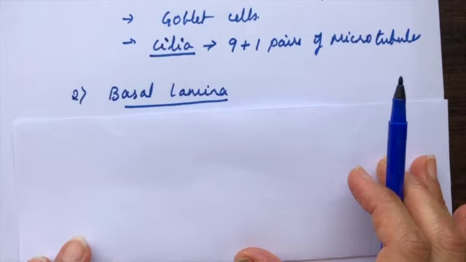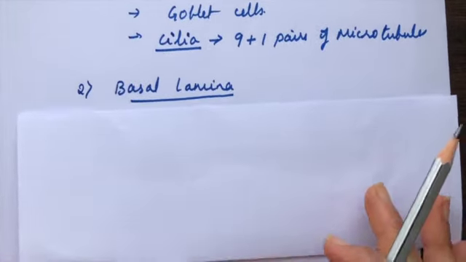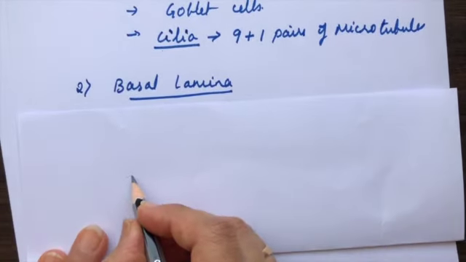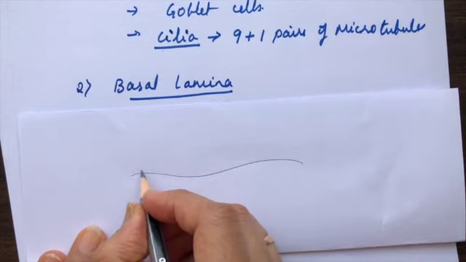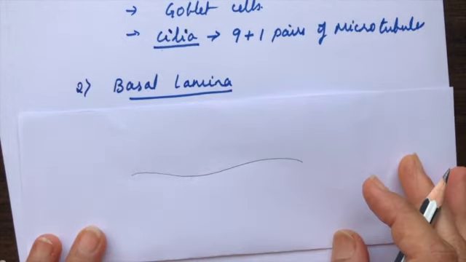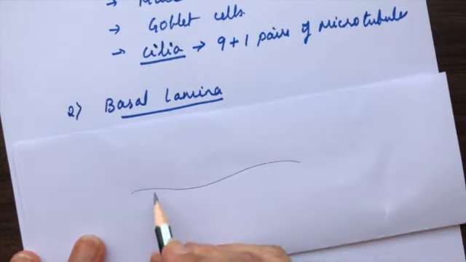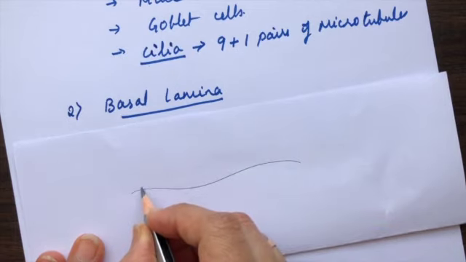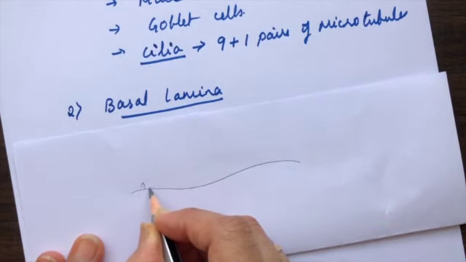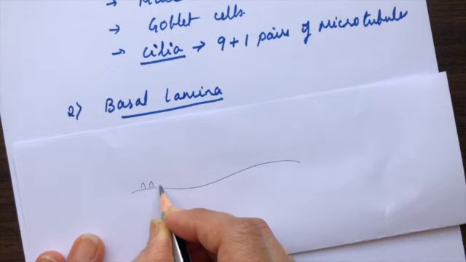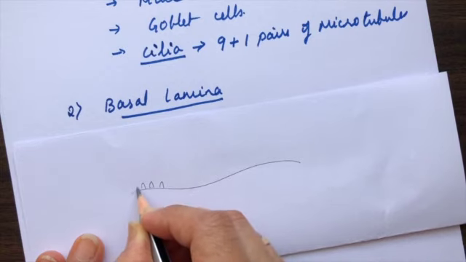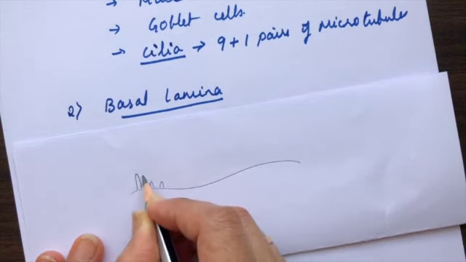Now, we'll just draw a few epithelial cells, this pseudostratification, to understand better, drawing inside the circle. So now this is the basement membrane. We have a few basal cells in between. We can just draw a few basal cells like this, and we have the columnar cells.